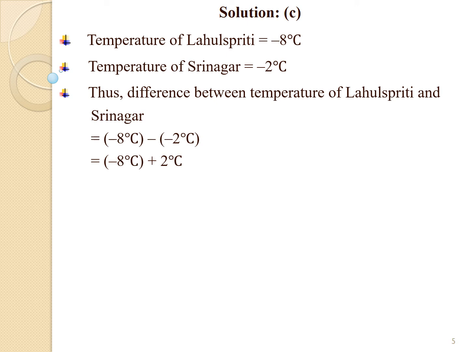Thus, subtracting the smaller integer 2 from the bigger integer 8 as a whole number by ignoring the sign, we get 6, and placing a minus sign before 6 as the absolute value of the negative integer is greater than the absolute value of the positive integer, we get -6.